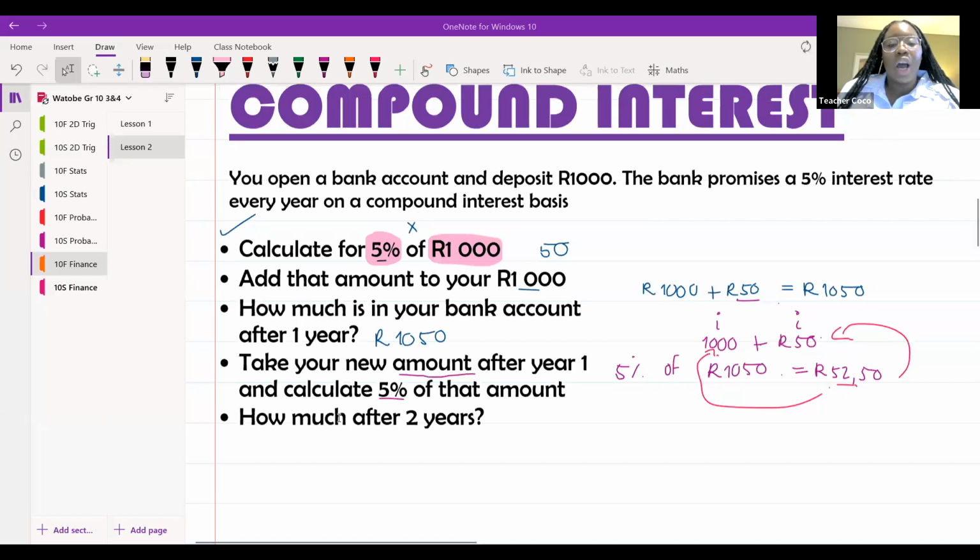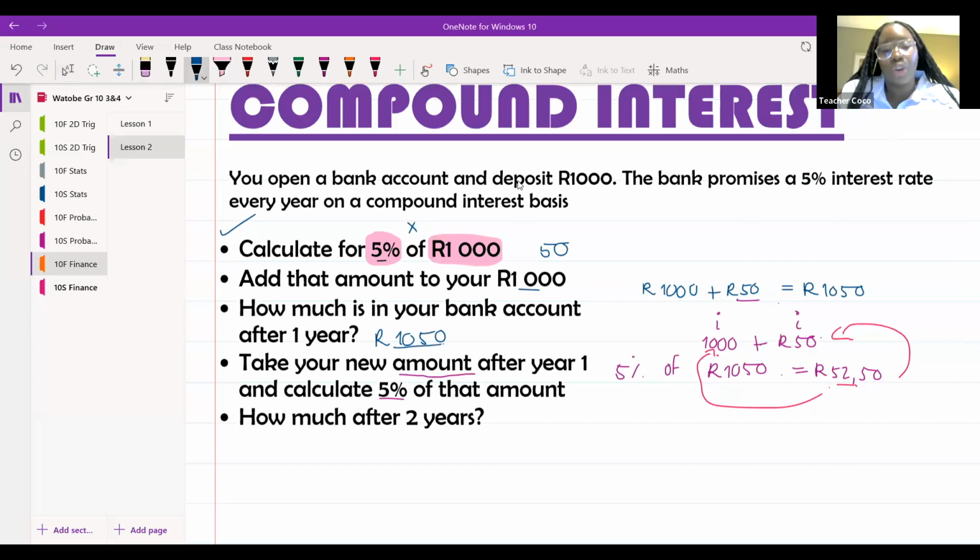Okay, all right. Are we okay with that if I look for 5% of 1,000, I'm going to get 50 Rand? Agreed? Yes, ma'am. Good. So after year 1, I have 1,050 Rand in my account.